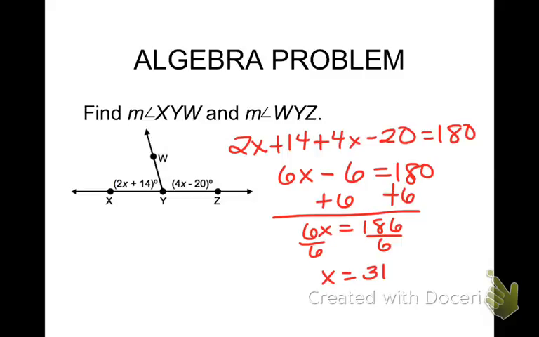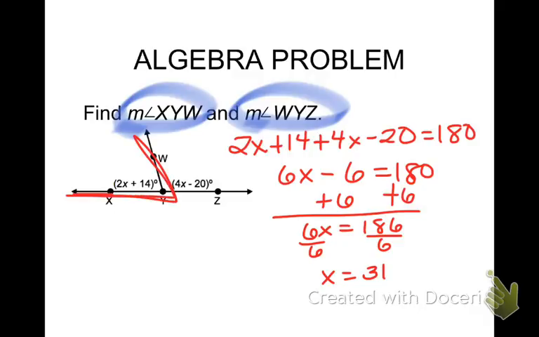Okay. We're not done, because what's the directions asking us to find? The measure of the two angles. So the measure of angle XYW is this angle right here. So plugging in x, so 2 times 31 plus 14.